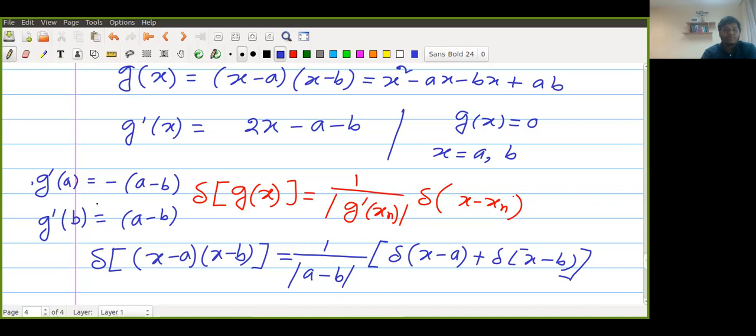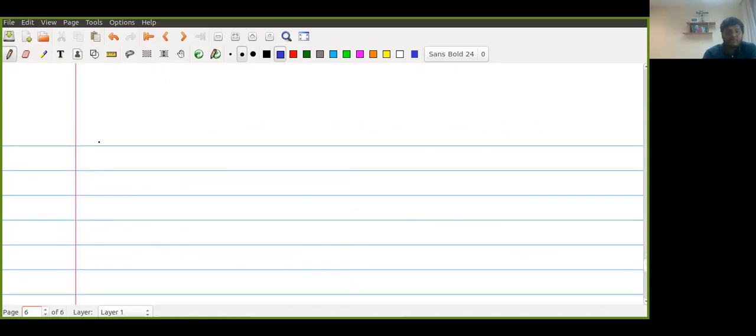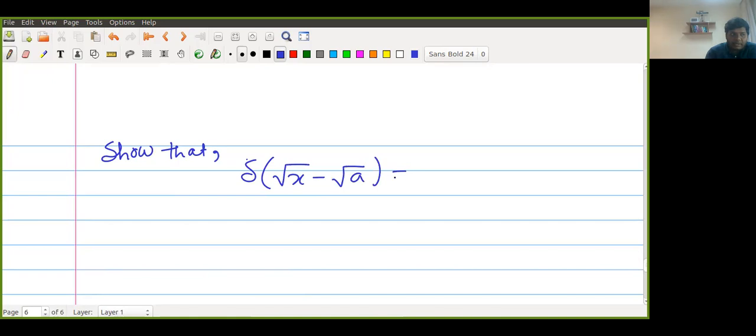Now I can give you some homework, which you can prove in the same way. You can show that delta of square root of x minus square root of a equals, in exactly the same way, delta of x minus a.